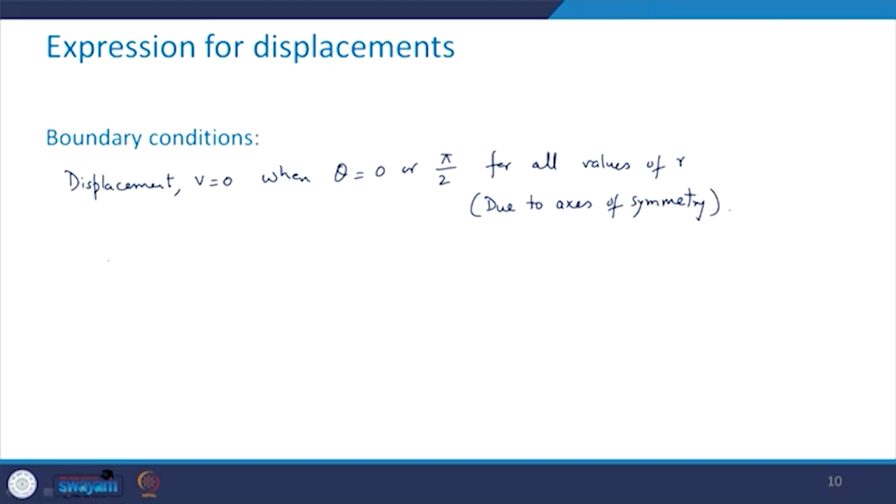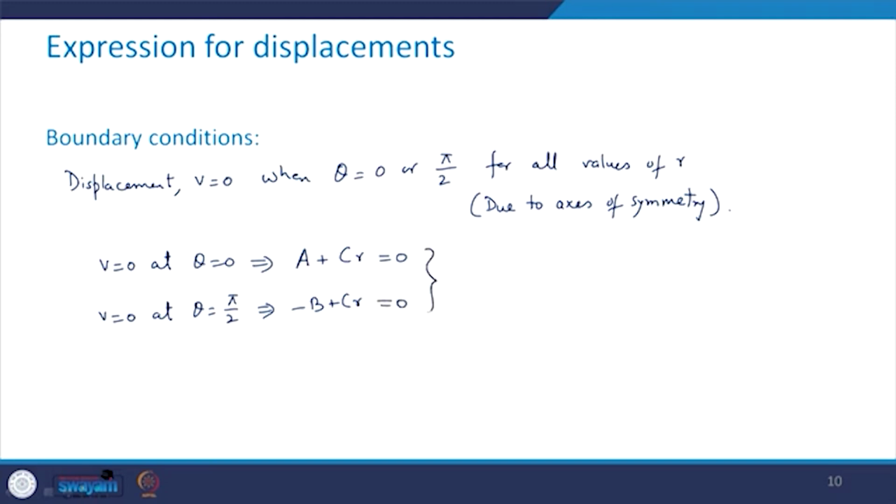Now this v will be equal to 0 at theta equal to 0. This is going to give me a plus c into r equal to 0, and v equal to 0 at theta equal to pi by 2 will give us minus b plus c into r equal to 0.